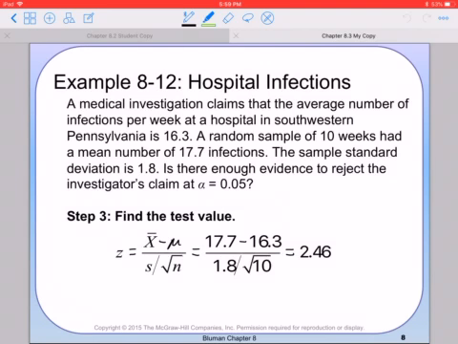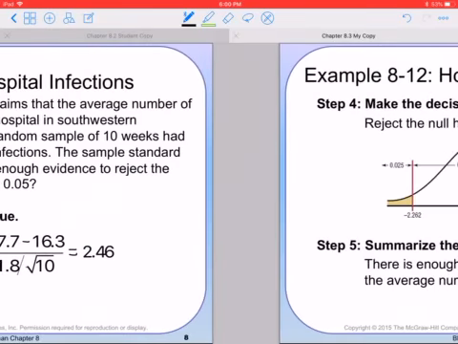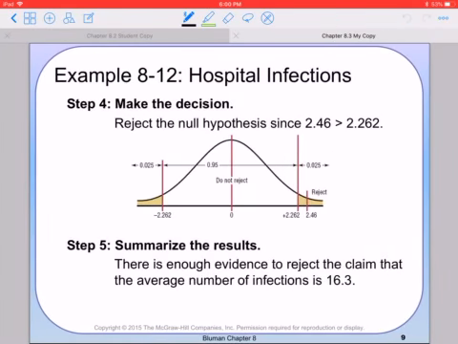Okay, so then we're going to substitute in for our t-test. So really, this should be a t here. T, we substitute in x bar, mu, s, and square root of n. Remember, s is the sample standard deviation, and we get 2.46. Now we're going to have to keep that in mind. So when we use the table, we got our t-scores here, and then when we found our t-test, our t-score here was 2.46.